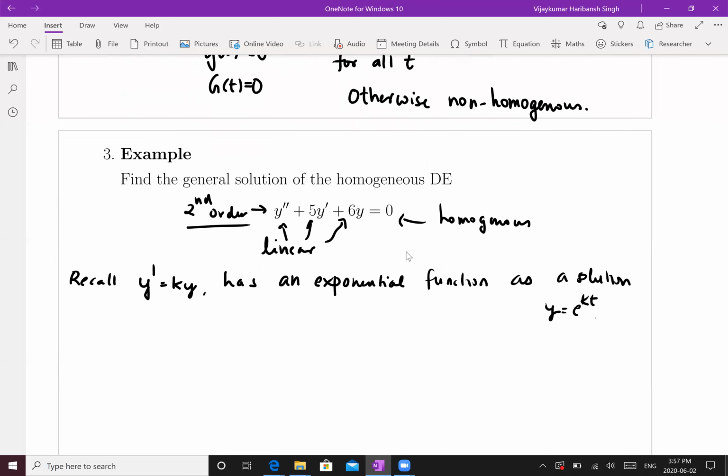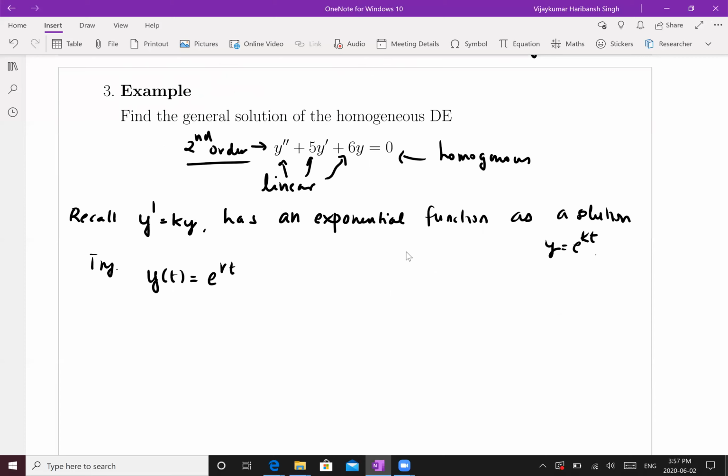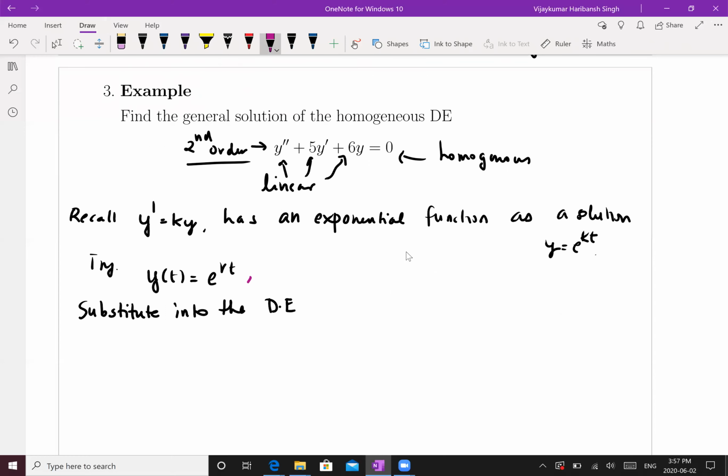So we will try y of t equals e to the power rt as a solution. So substitute into the differential equation given above. What do we get? Y prime is going to be r e to the rt, and y double prime equals r square e to the power rt.